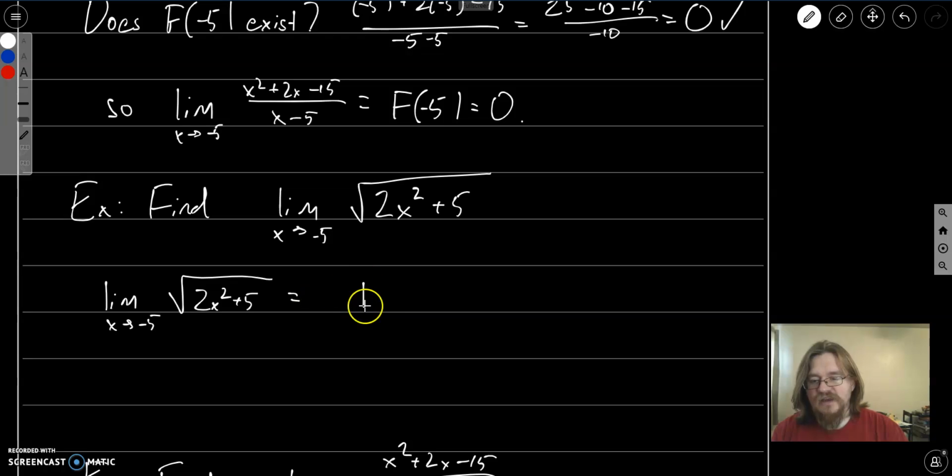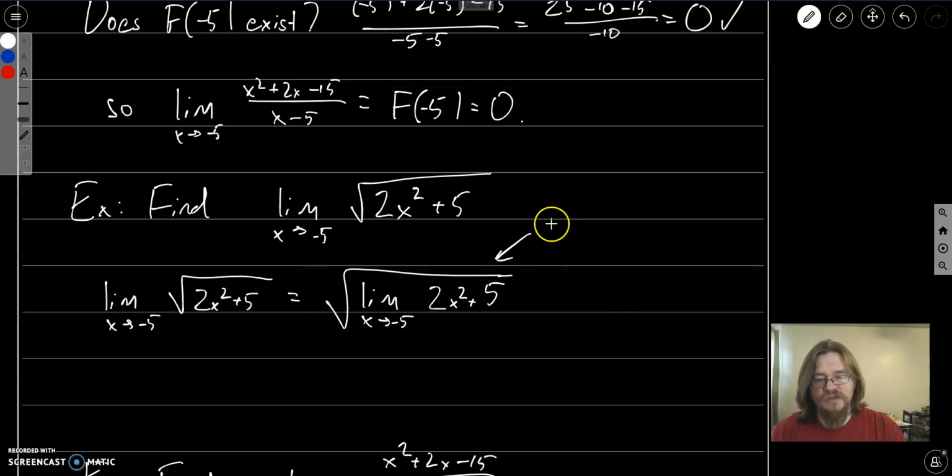So this is in fact going to be the square root of the limit as x approaches -5 of 2x squared plus 5. And this is with the property L2, I believe.